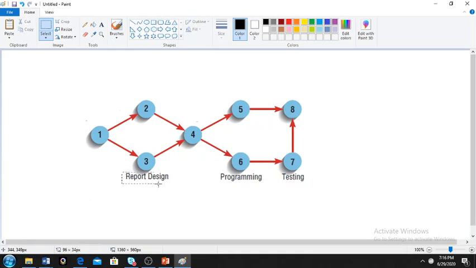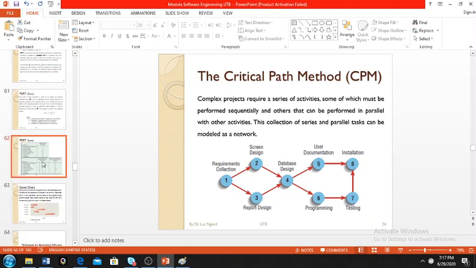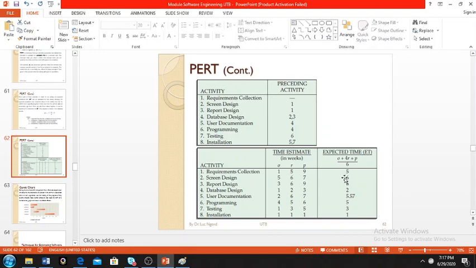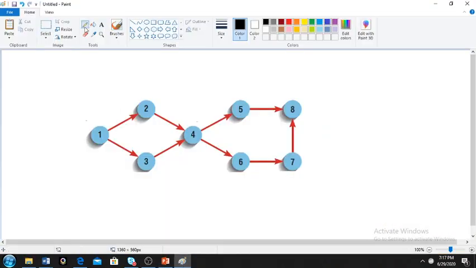So if you use the CPM, you are going to use realistic only. So we are going to say that this is 5. If you use critical path, we are not yet using PERT. So number 1, the duration is 5.